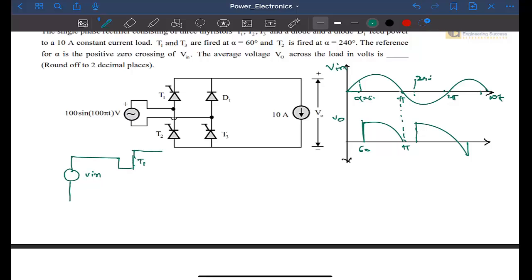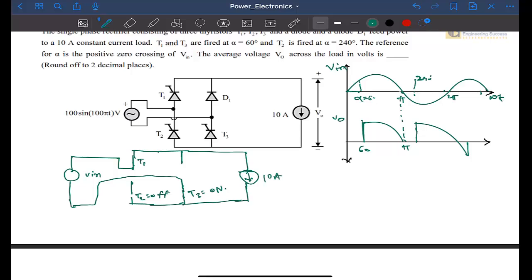T1 will be on, T2 will be off, and T3 will be on, and the load will be connected like this, 10 ampere. So here T1 and T3 will conduct.